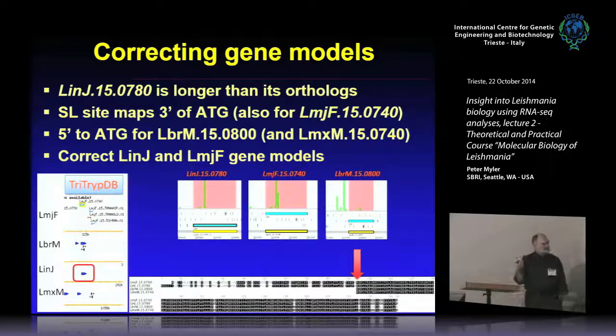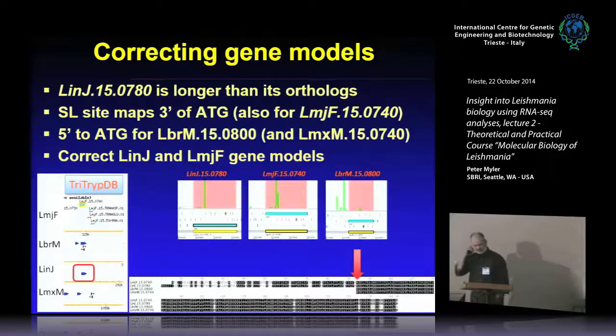So my warning to you is when you first start working on a new gene, you should find out where the translation really starts so that you really know where the 5' end of the gene is, rather than assuming that the sequence in TriTrypDB is correct, because about 5% of the time it'll be wrong. Hopefully that will be fixed as we go by, but L. major should be in the database soon. L. donovani and L. infantum should be corrected relatively soon. The other ones will have to wait.